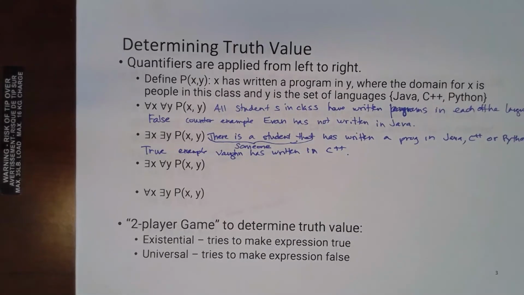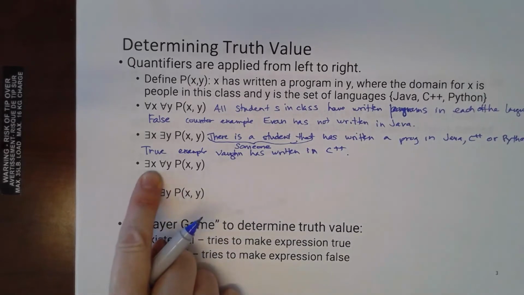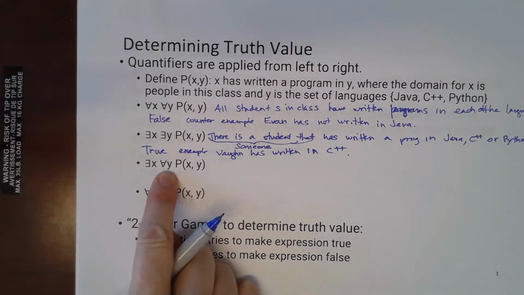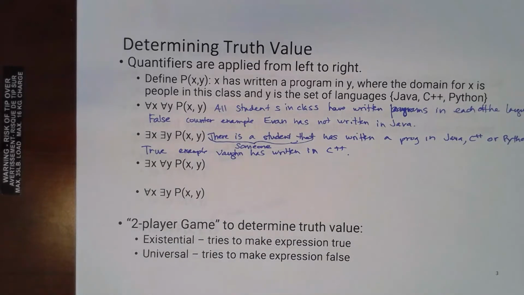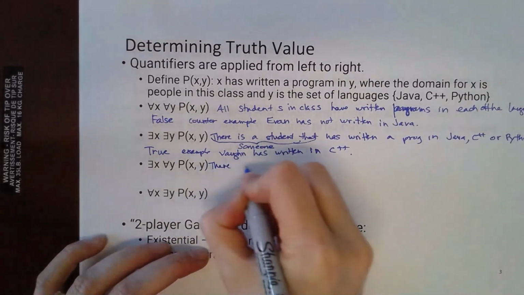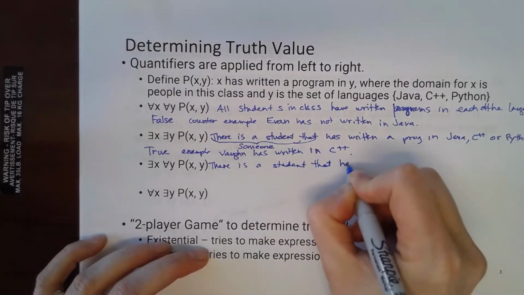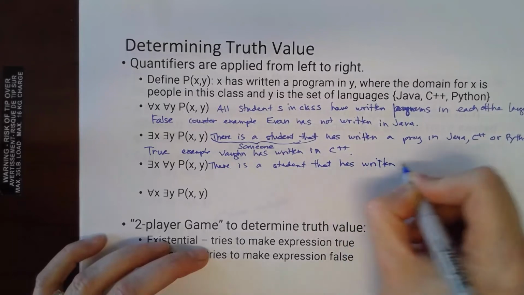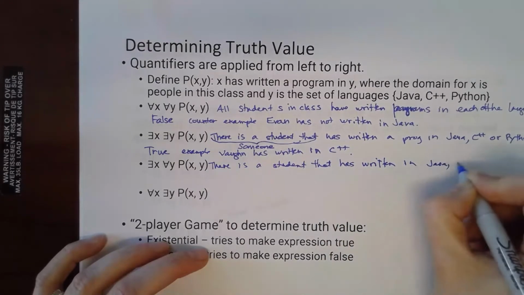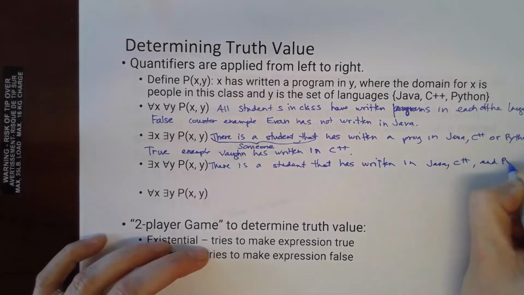Okay. And then the next one, there exists a student x such that for every single language y, P of x, y. So what's that one saying? There is a student who can program in Java, C++, and Python. Good. So there is a student that has written in Java, C++, and Python.